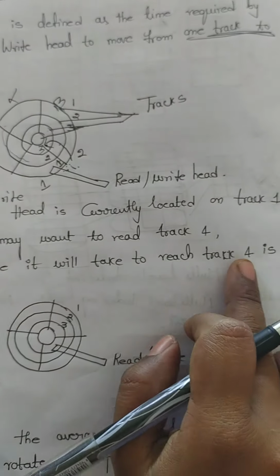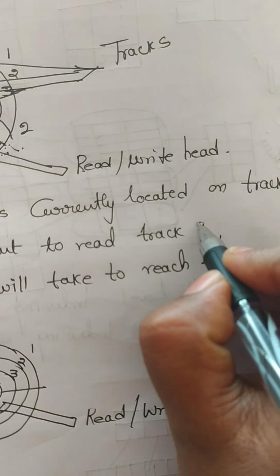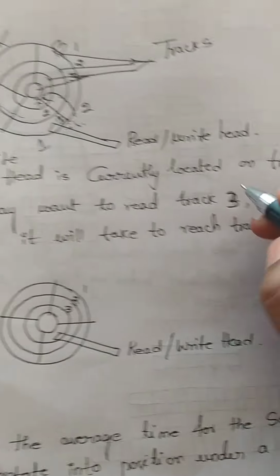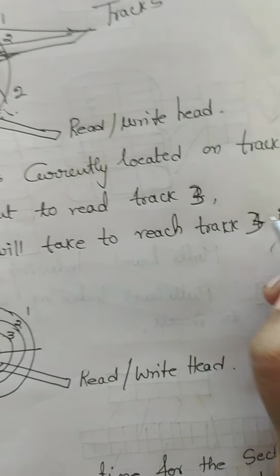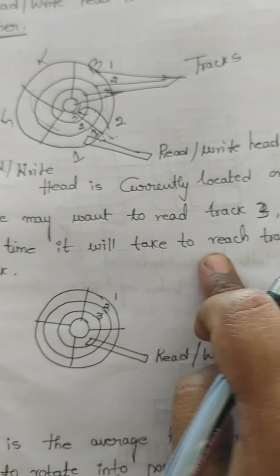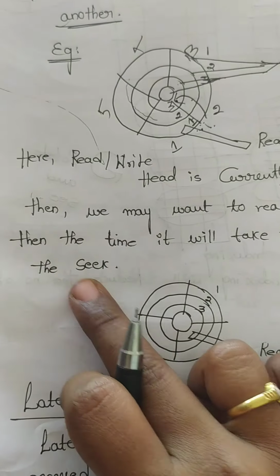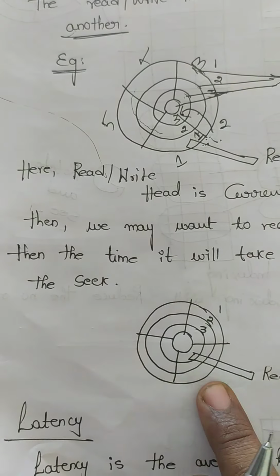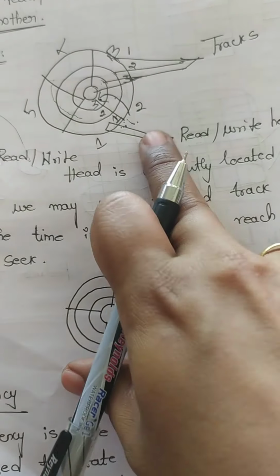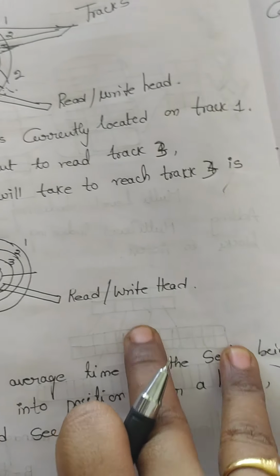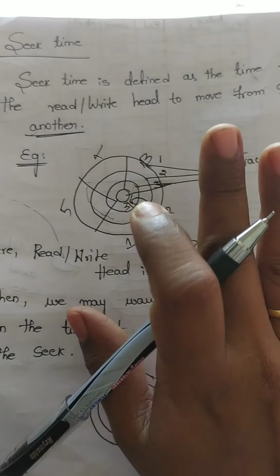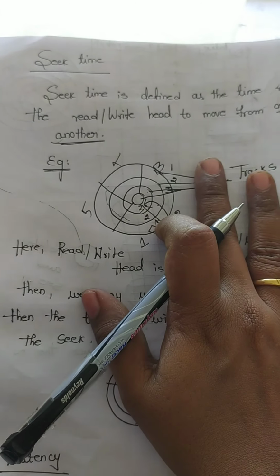Then we may want to read track 3. Here track 3, track 4 was not there. So the time it will take to reach track 3 is the seek time. Here, from this to this, the read and write head, this is the seek time. What is the definition of seek time?